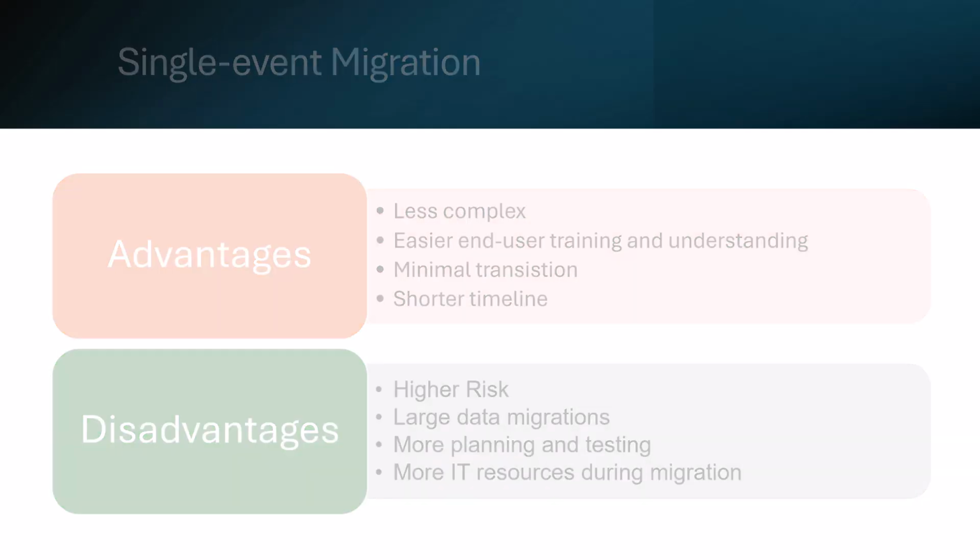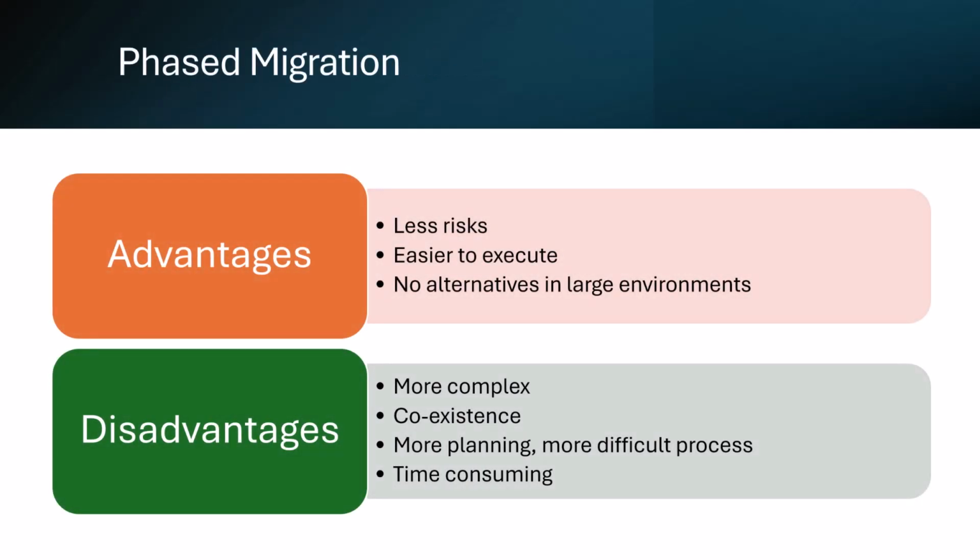If we take the other approach with the phased migrations, it seems less risky and a lot easier to execute because we can split up the users that we move over into, it could be departments or smaller batches, and thereby making it easier for support, both of the users, but also doing the maintenance of the migration and the migration of data, so to speak.